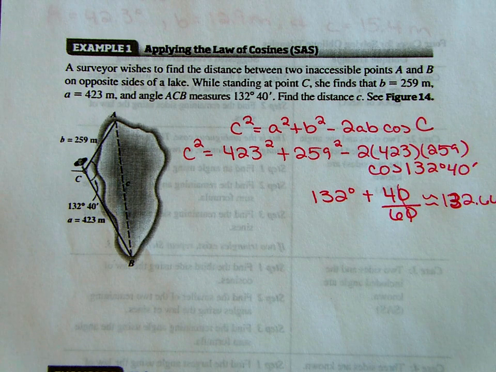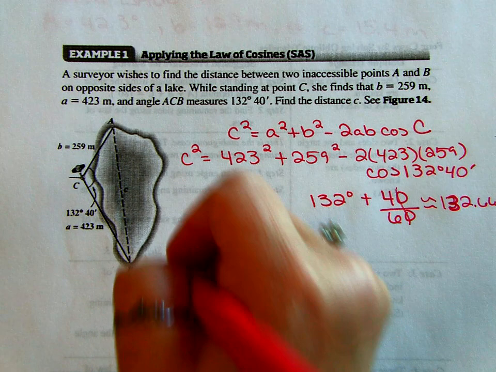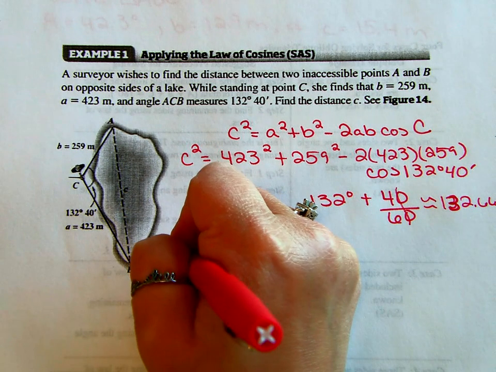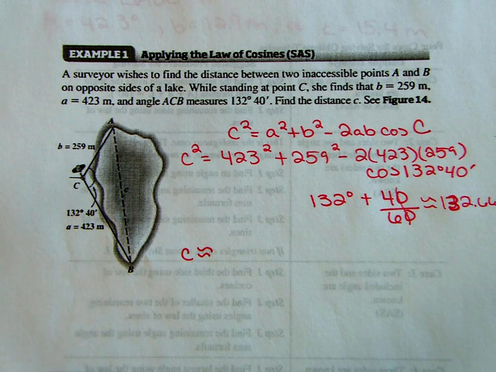So you're going to type all of that in, and then you're going to square root it. And we are going to round to the nearest meter. We'll see what you get and see if it's the same thing I got.